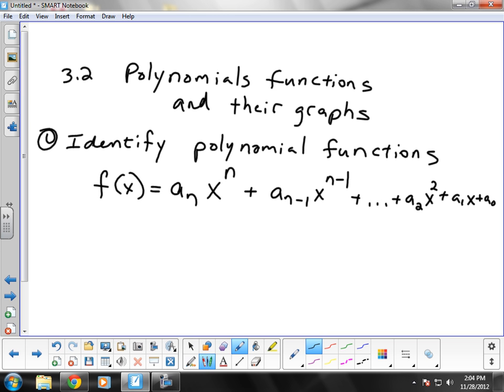Now the thing that makes it a polynomial is that n, and all the subsequent n's as it goes down by 1, has to be an integer. N is non-negative, so it can't be negative either.